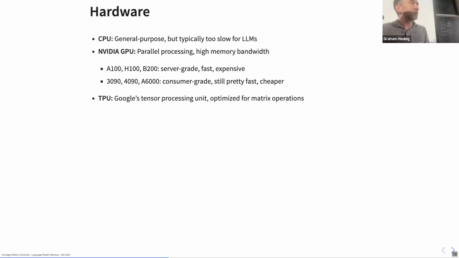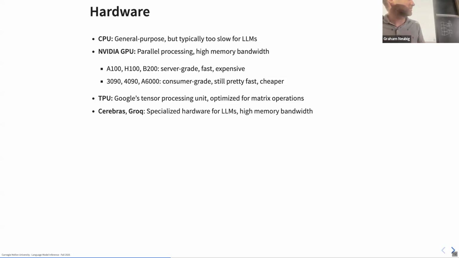Now, arguably, they are made specifically for training AI models, just because that's how NVIDIA makes all their money. But TPUs were created from the ground up for doing this, and they have things like very large memory, very fast interconnect. And then there's also other special purpose hardware like Cerebras and Groq and other things like this.